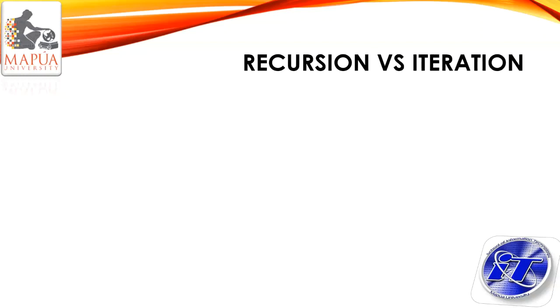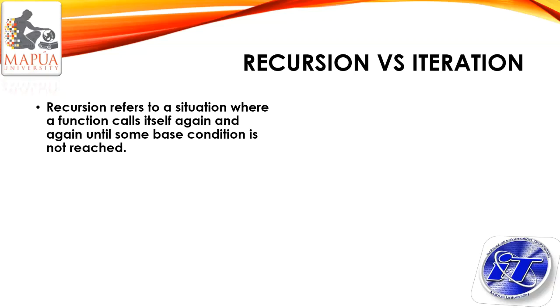Okay, so what is the difference between recursion and iteration? Both are using loops. So what are the differences between the two? First, recursion refers to a situation where a function calls itself again and again until some condition is not reached.